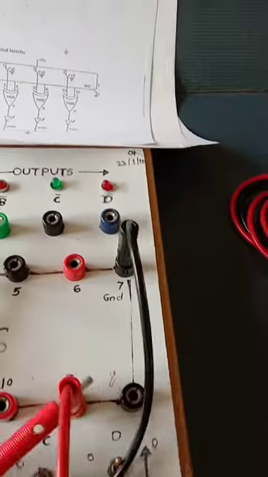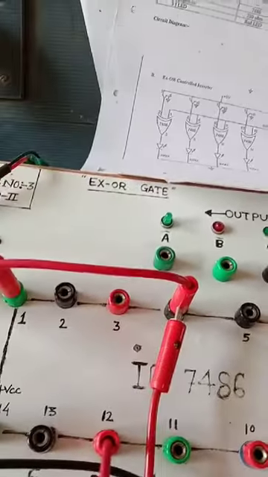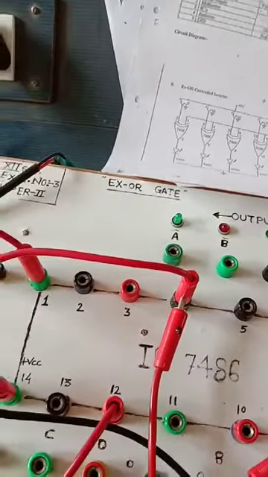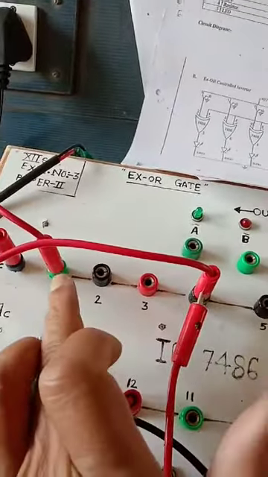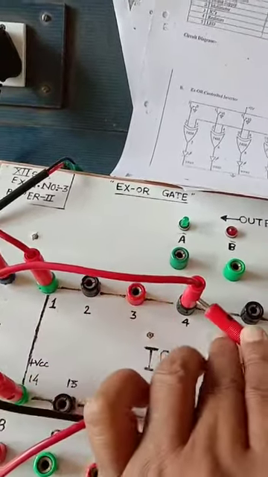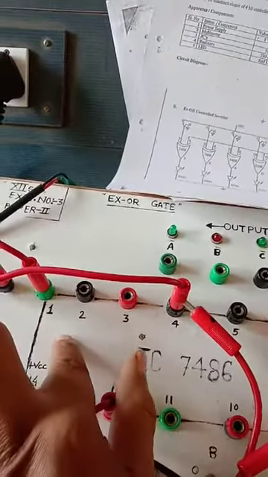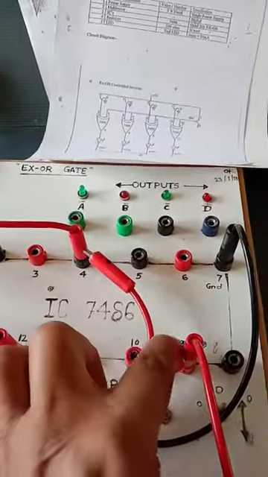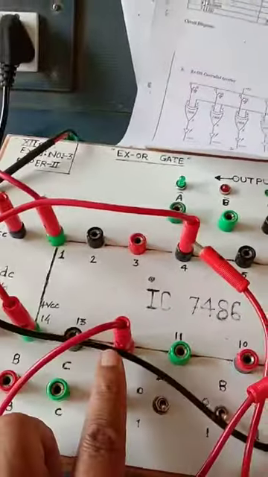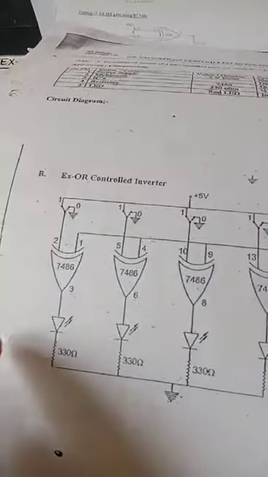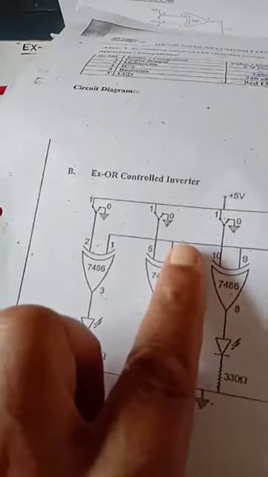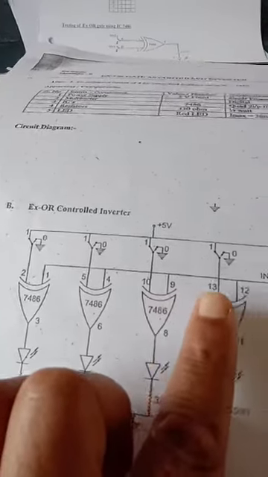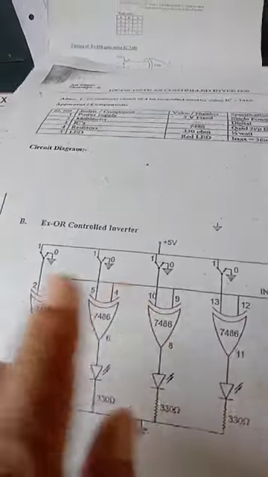See here, this is pin 1, then 4, then 4 to 9, and 12. I have shorted or connected pins 1, 4, 9 and 12 together according to this logic diagram. These pins are connected together.